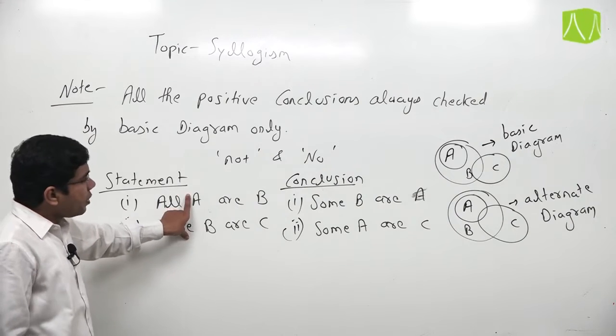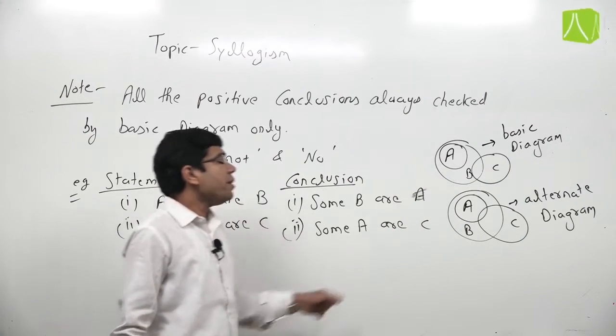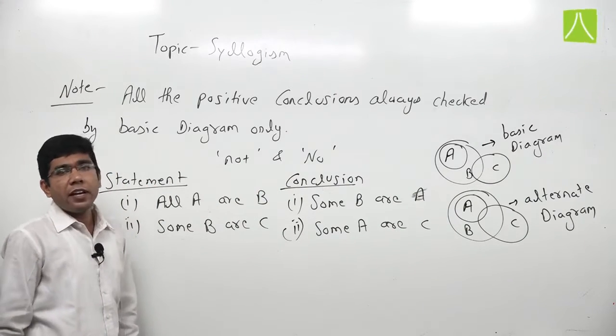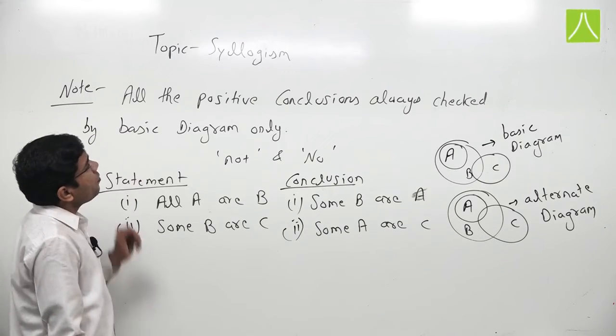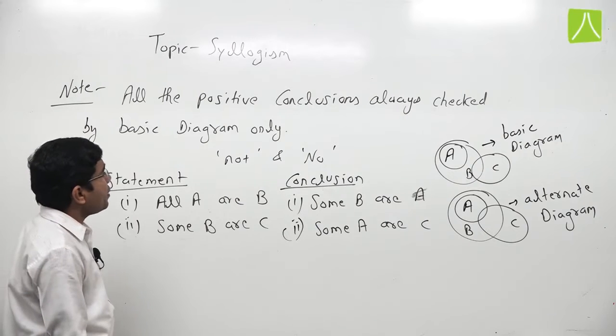So according to the statement, this diagram is the basic diagram, and other than the basic diagram, all diagrams are called alternate diagrams.